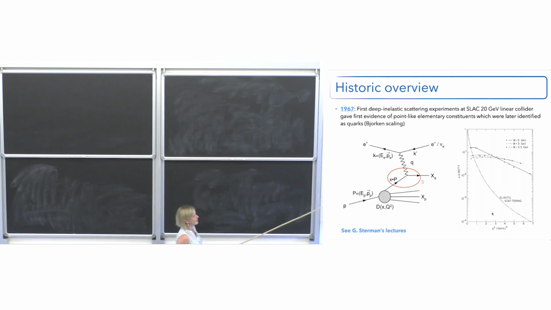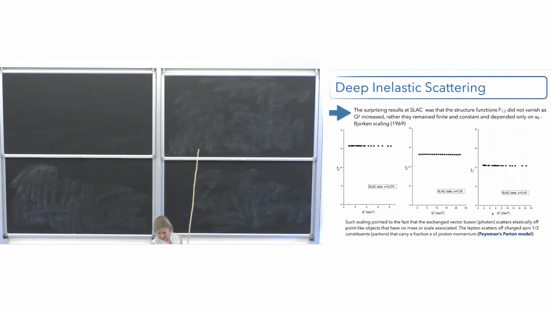It was a 20 GeV linear collider, and gave the first evidence of something that was very surprising at the time, like point-like elementary constituents, which were later identified as quarks. So here is the kinematics of DIS. And the surprising result at SLAC was that the structure functions that describe the proton structure did not vanish as you increase the scale of the collision.